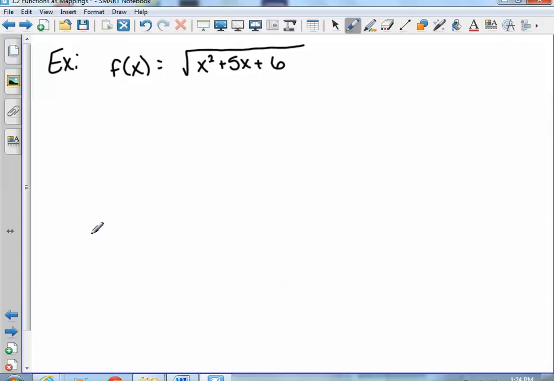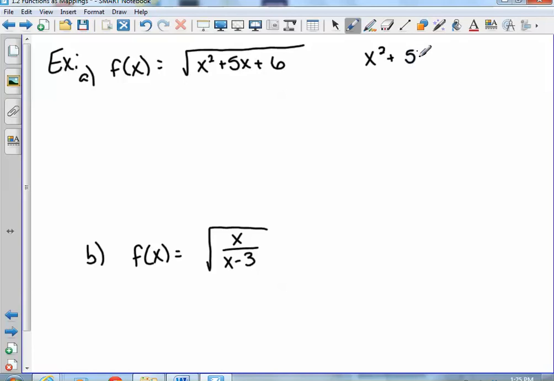What has to be true about that part under the radical?